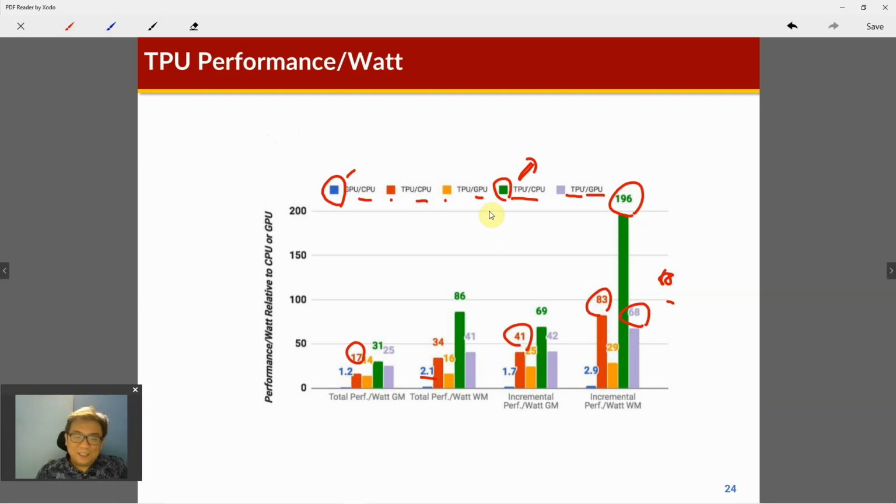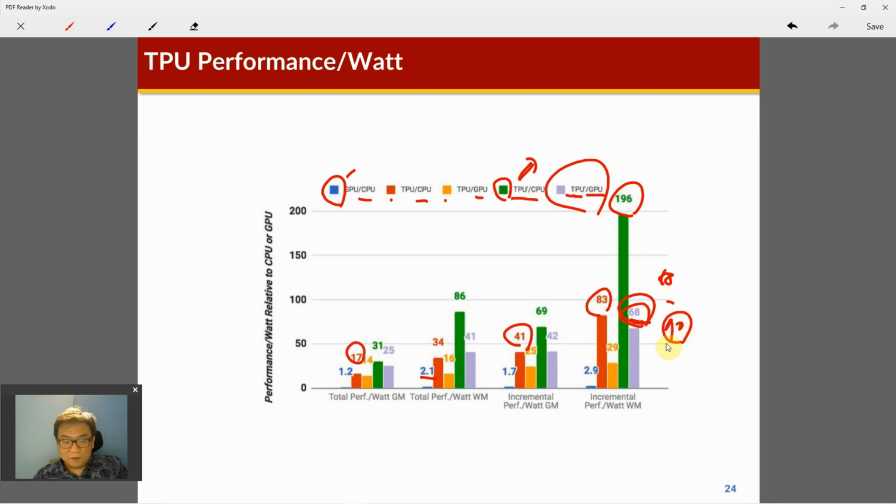As you can see, the TPU is the most efficient solution for neural networks, right? The enhanced TPU over GPU is over 68, nearly 70.